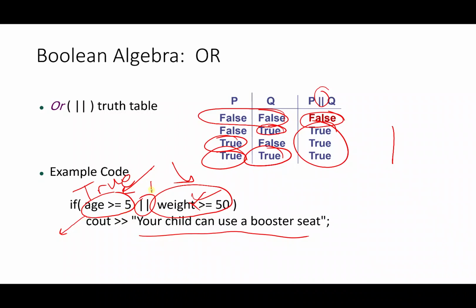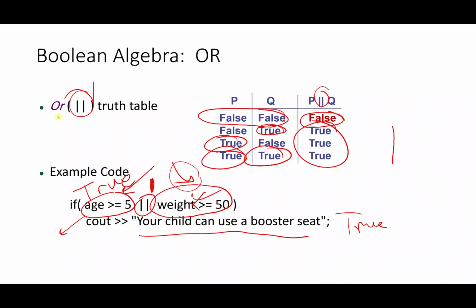But if I have just one pipe, one bar, then even if I find this true, I'm obligated to check this one. Even if I find it false, then I say true or false. Oh, this is true. See? This is why I said those two pipes or two ORs are used for efficiency.